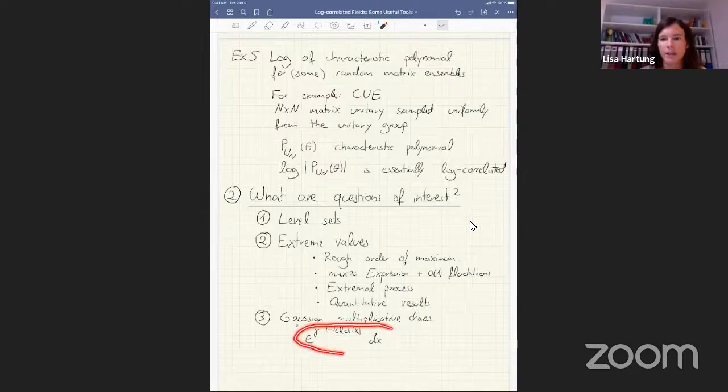In particular, if you look at the logarithm of a characteristic polynomial, because there it's really indexed by the whole space, you can ask yourself how this behaves if I make the size of my matrix very, very big.